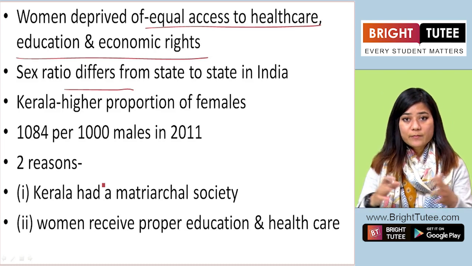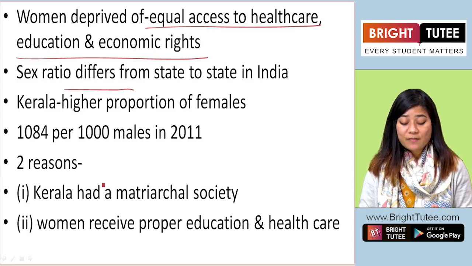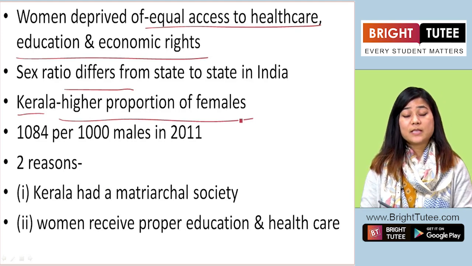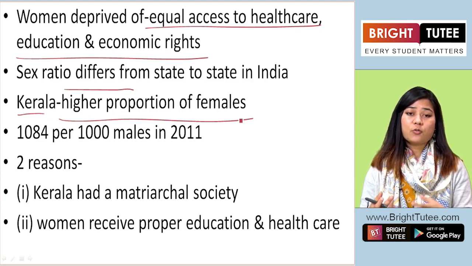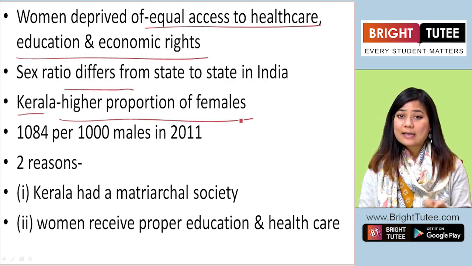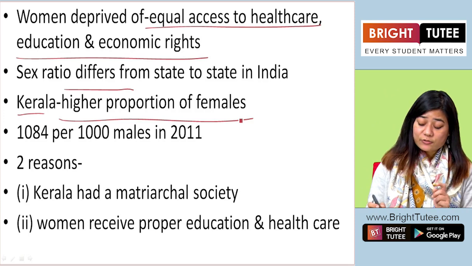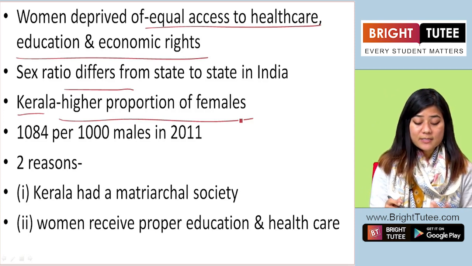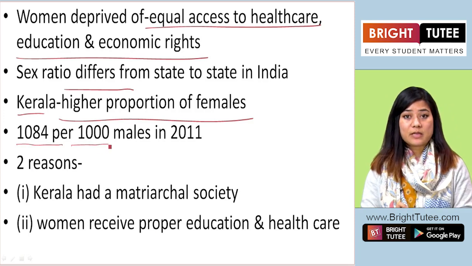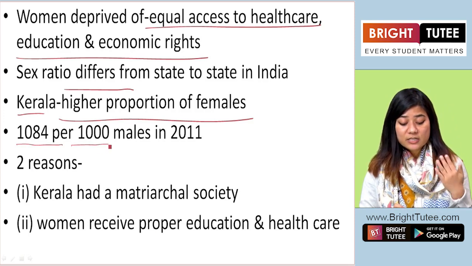Kerala has the highest proportion of females. The ratio of females to males is the highest in Kerala. In 2011, the females numbered 1084 per 1000 males. So you can see the proportion is highest.